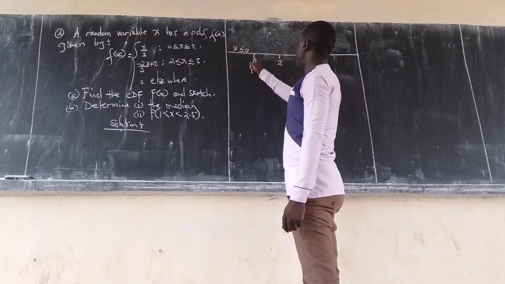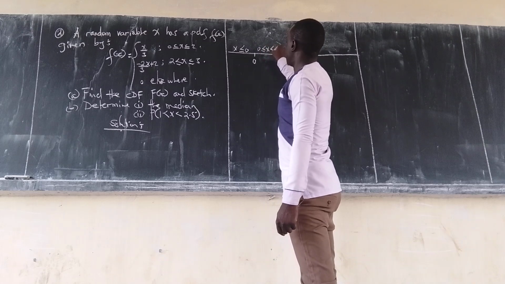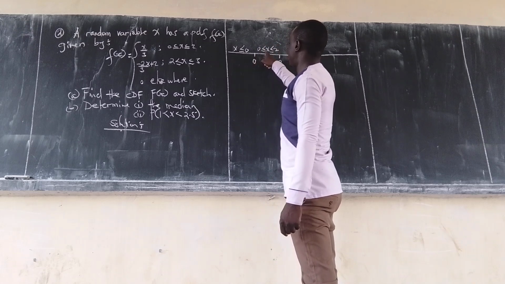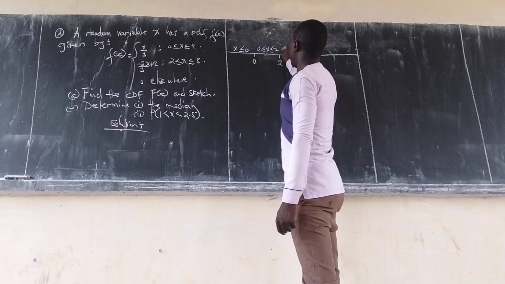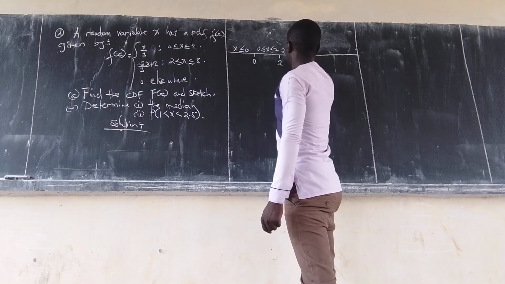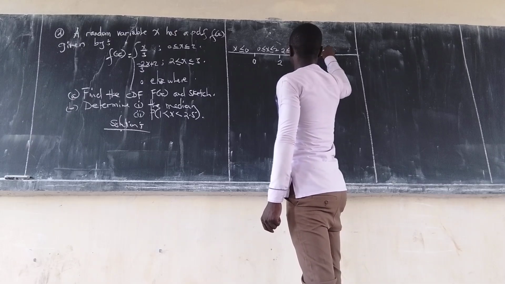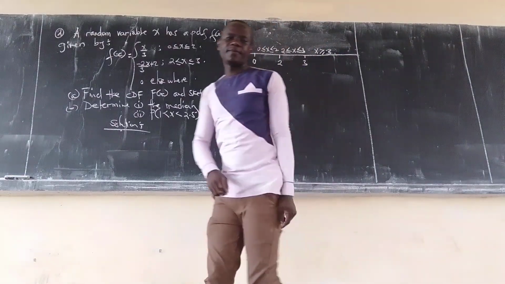For the region between 0 and 2, we need values which are between 0 and 2, 0 less x less 2. Then we shall have 2 less x less 3. Then we shall have x greater or equal to 3.